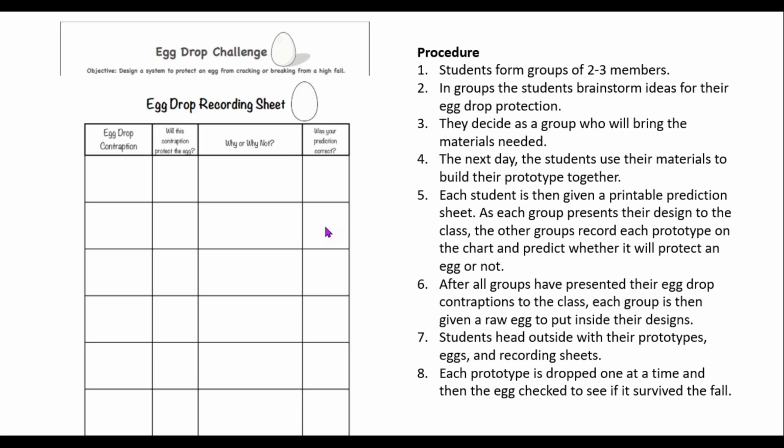Students then head outside with their prototypes, their eggs, and recording sheets. At the end, each prototype is dropped one at a time, and then the egg is checked to see if it survived the fall. So this is when students are going to record the results of whether the prototype worked or not.